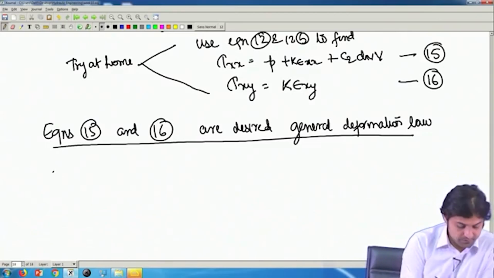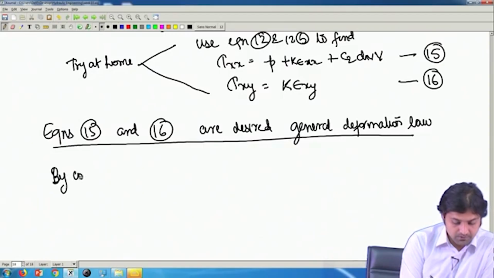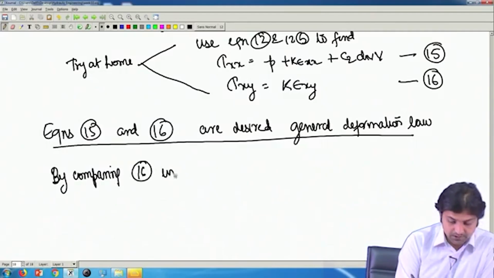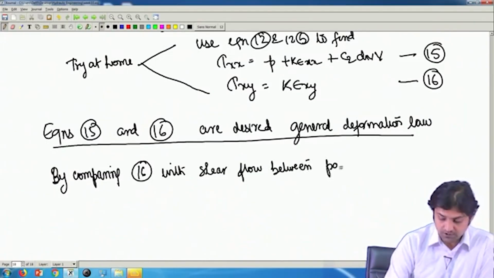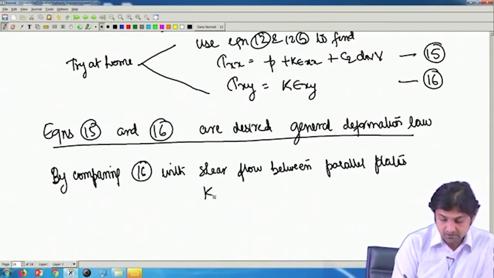So, by comparing 16 with shear flow between parallel plates, we say k is 2 mu.